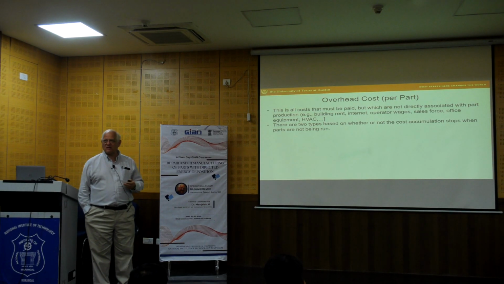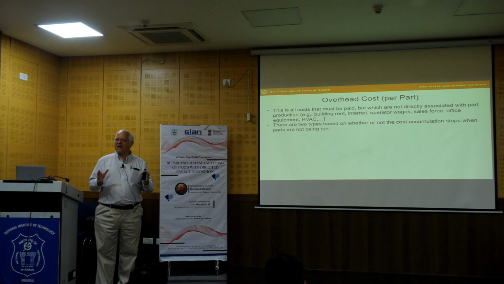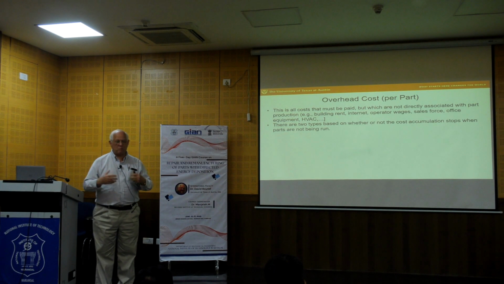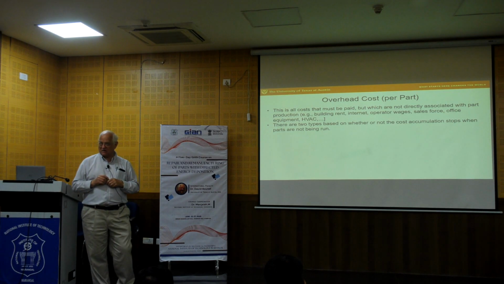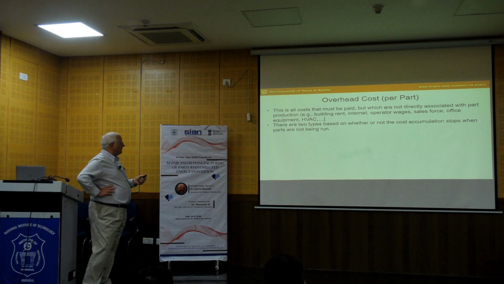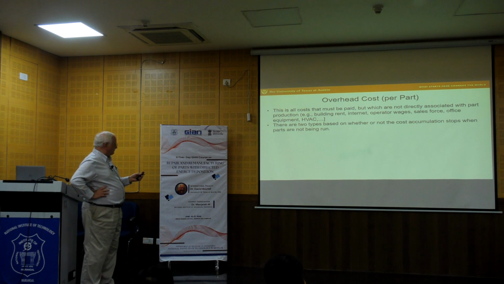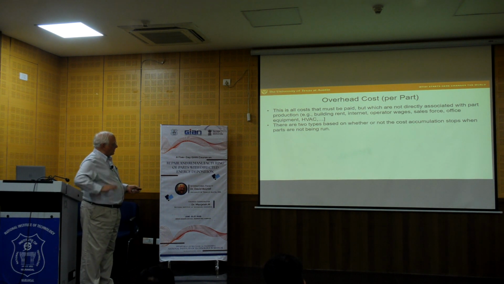All of these things cost money. And the only way I can get money to pay for those in a company setting is by burdening the parts I produce with more money to make them more expensive, to generate more income so that I can afford all these things.